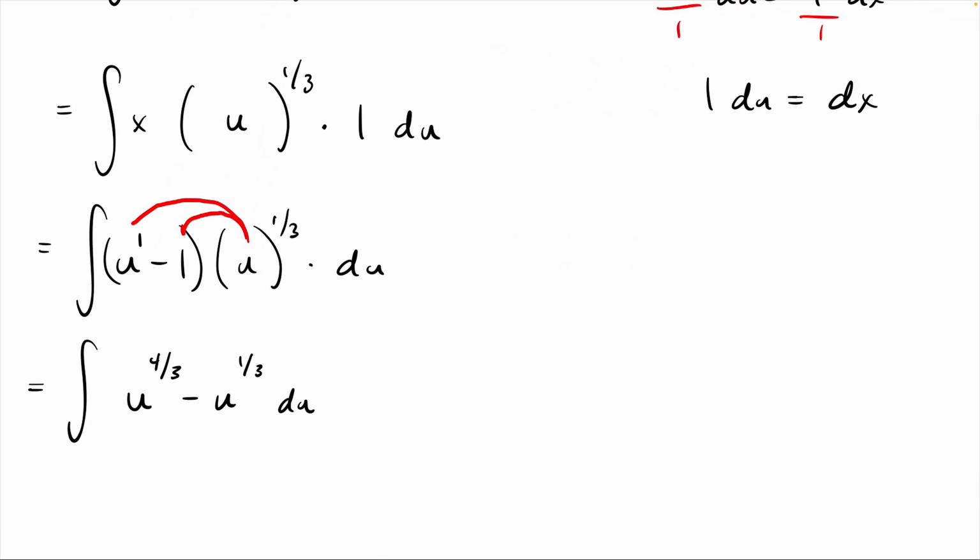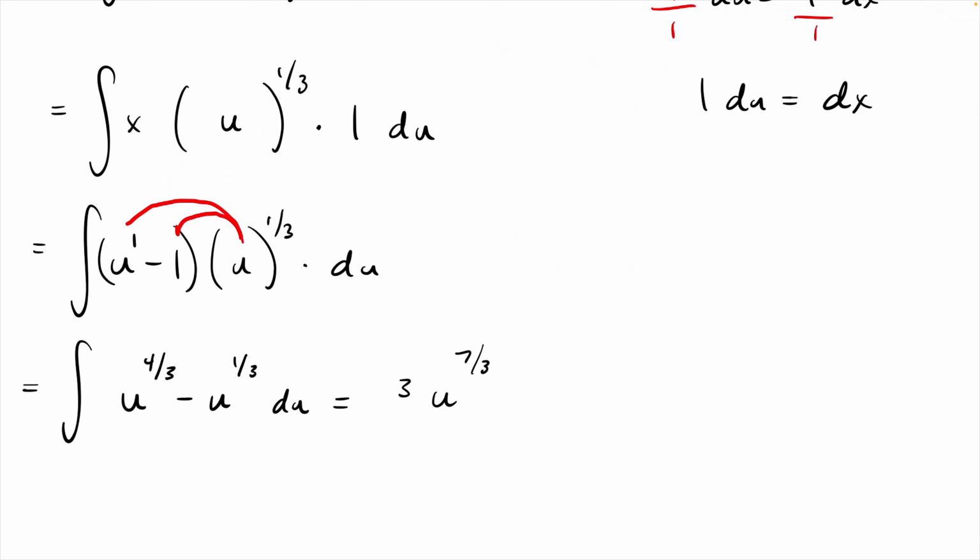Now I can use the power rule. I just have u in 2 spots. It's okay. So I'm going to add a power. So 4/3 plus 1 whole is going to be 7/3. Divide by 7/3, which is the same thing as multiplying by 3/7, minus. Add a power, you get 4/3. Divide by that new power.